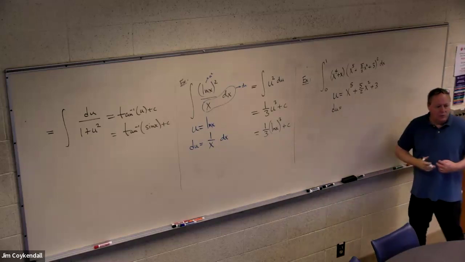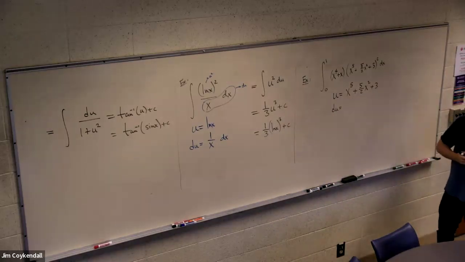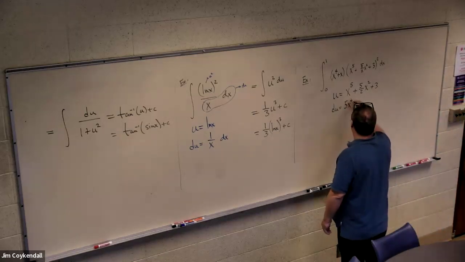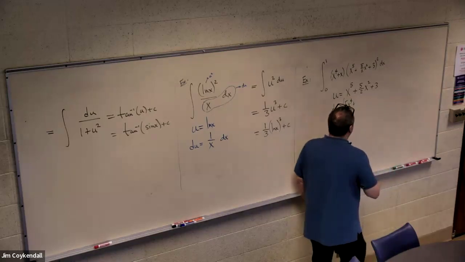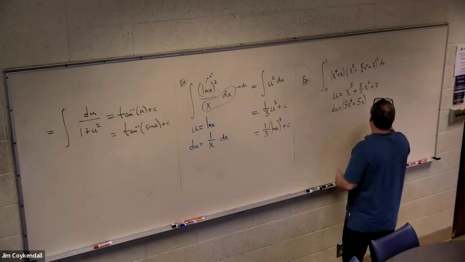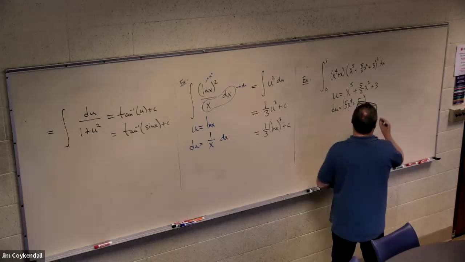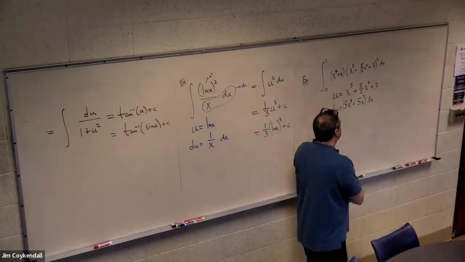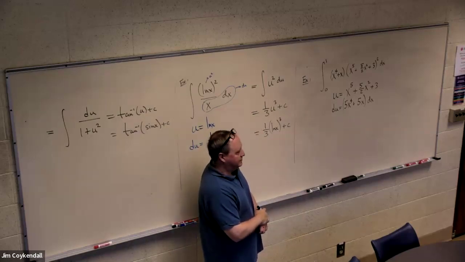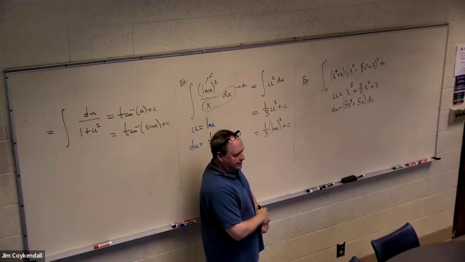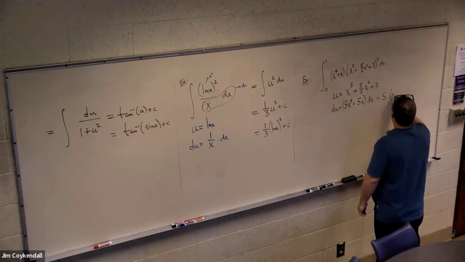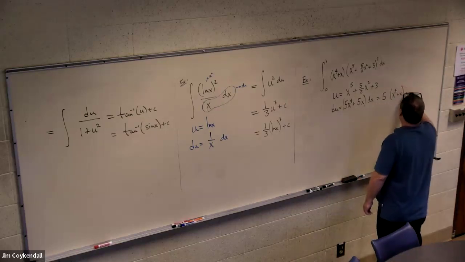What's my du going to be? Plus 5x. Yep. All right. dx. So this is going to work. There you go. This is 5 times x to the 4 plus x.